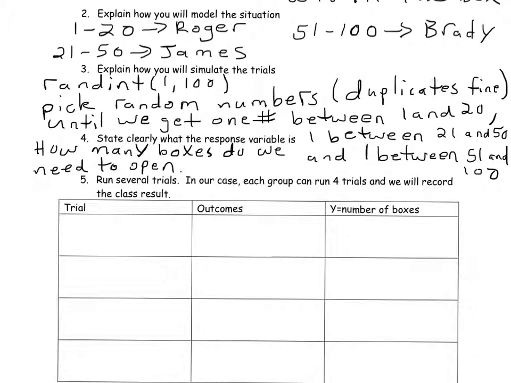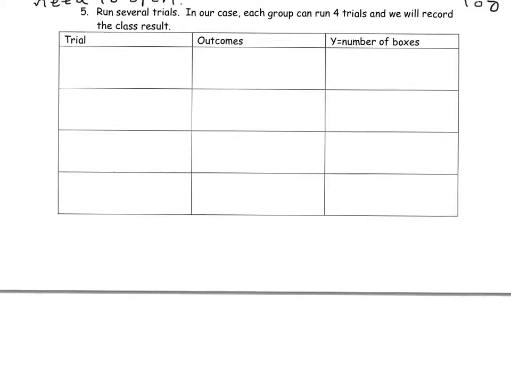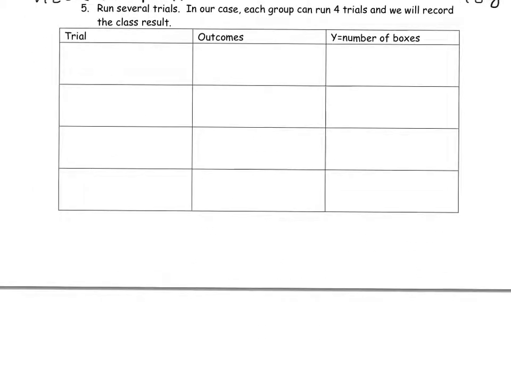So now we're going to actually run some trials. I've got my calculator right next to me. I did random integer. So I go math, PRB, randInt(1, 100). And my outcomes were, I'll write them down. I got a 5, a 34, and 100.